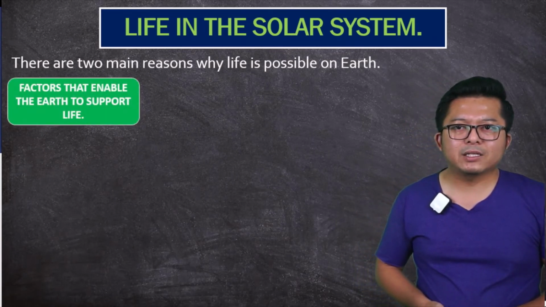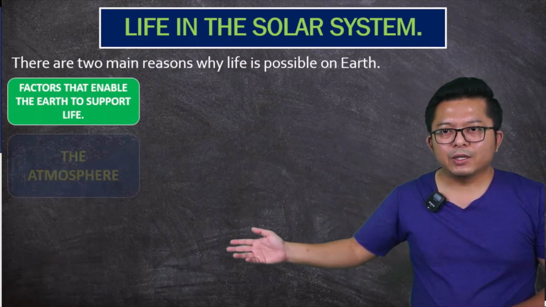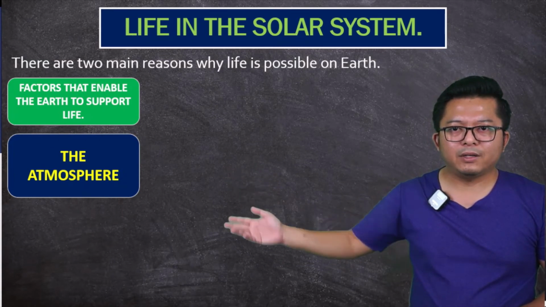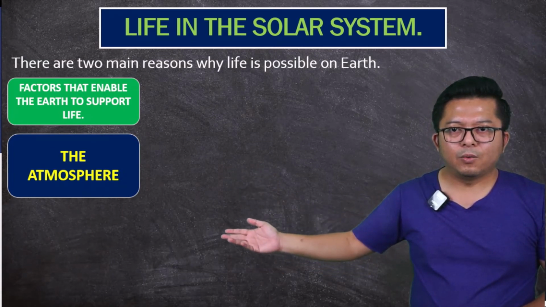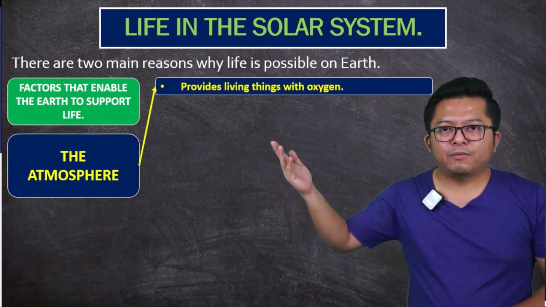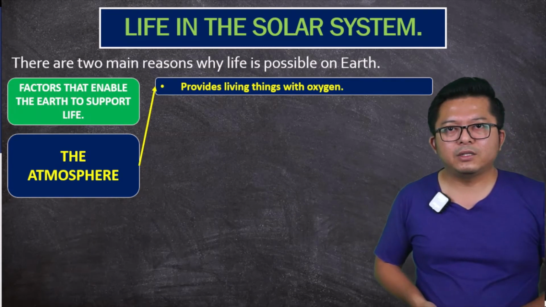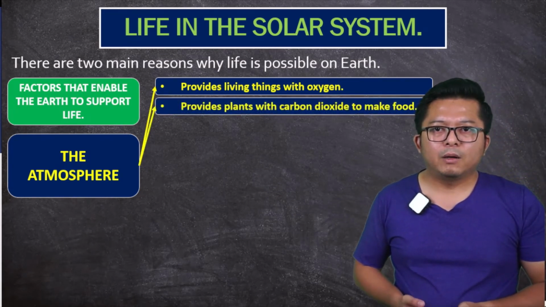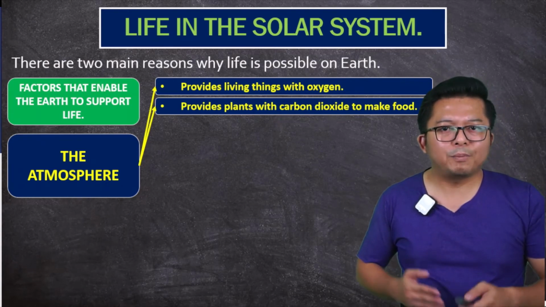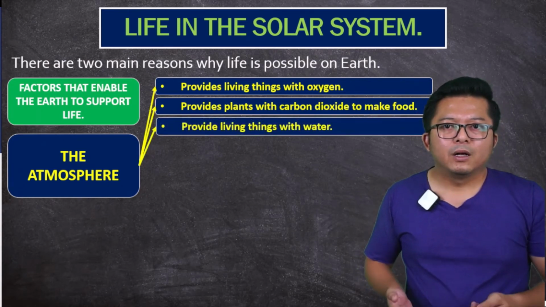Okay, there are two main reasons why life is possible on Earth. These are factors that enable Earth to support life. This is a table. So one reason is the atmosphere. The atmosphere provides living things with oxygen. It provides plants with carbon dioxide so plants can make food, of course.